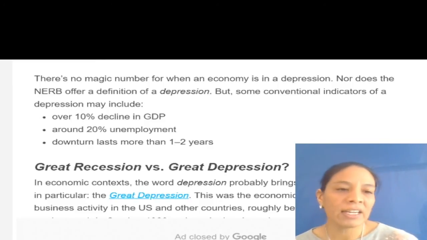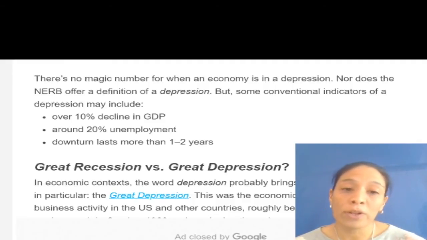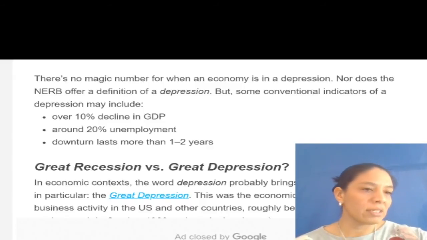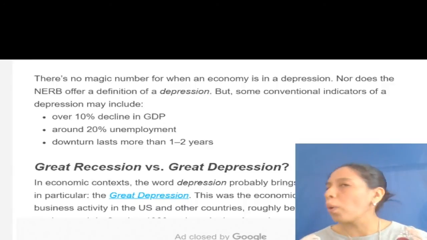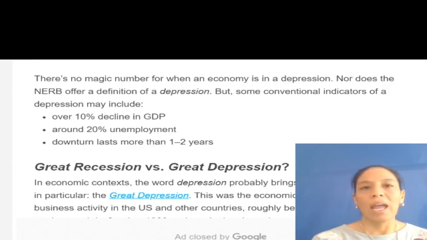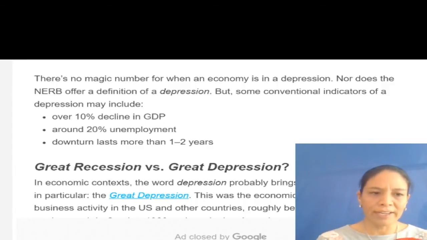And finally, a downturn lasts more than 1 to 2 years. So when a recession is prolonged for 2 years, we have a depression. Definitely under these standards, the German crisis during the 1920s was totally considered a depression.